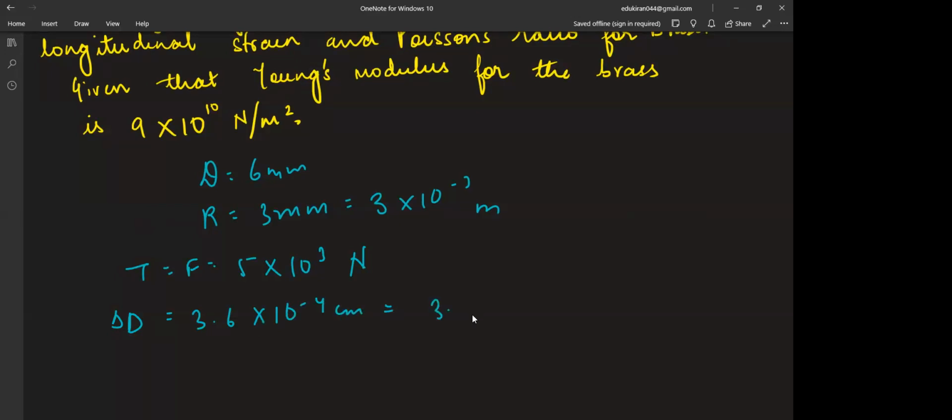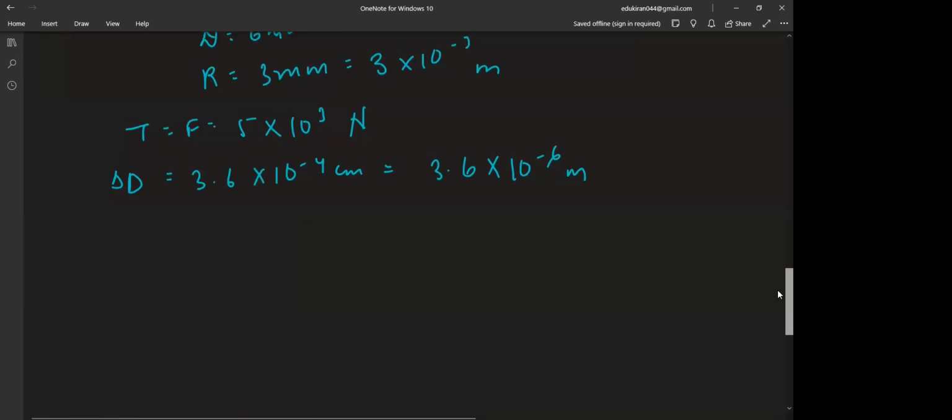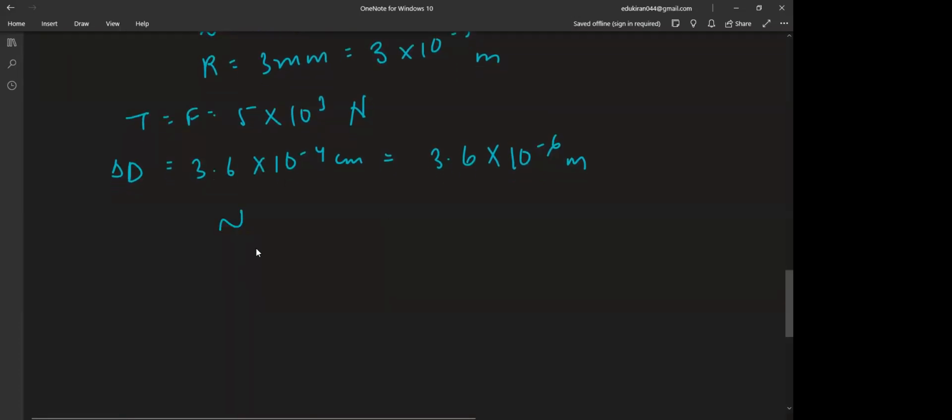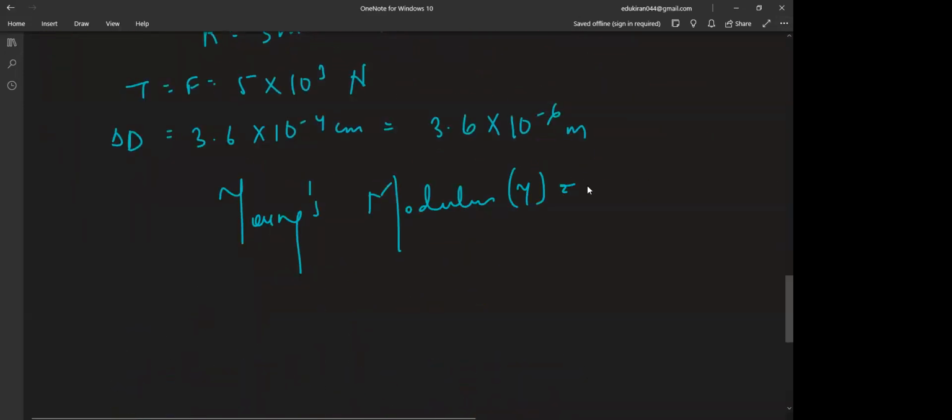So this becomes 3.6 into 10 to the power minus 6 meters. And Young's modulus is 9 into 10 to the power 9 Newton per meter square.